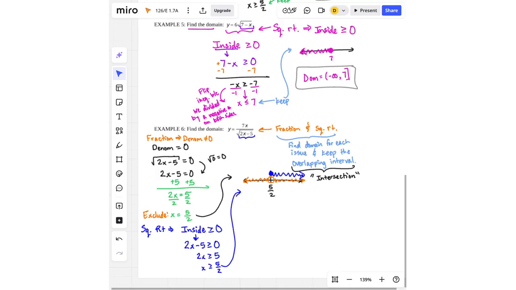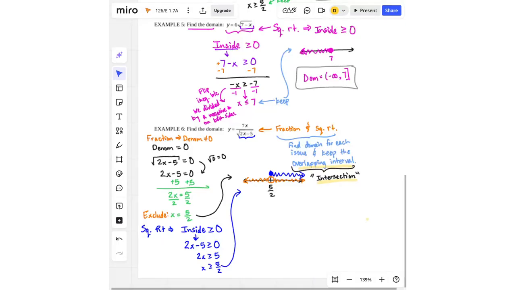Now to find our intersection, we're going to look at the overlapping interval. What overlaps? None of this is shared because even though I have orange, I don't have blue. Here at 5 halves, even though I have blue, it's open at orange, so none of this is shared. The only thing that's shared is everything above 5 halves.